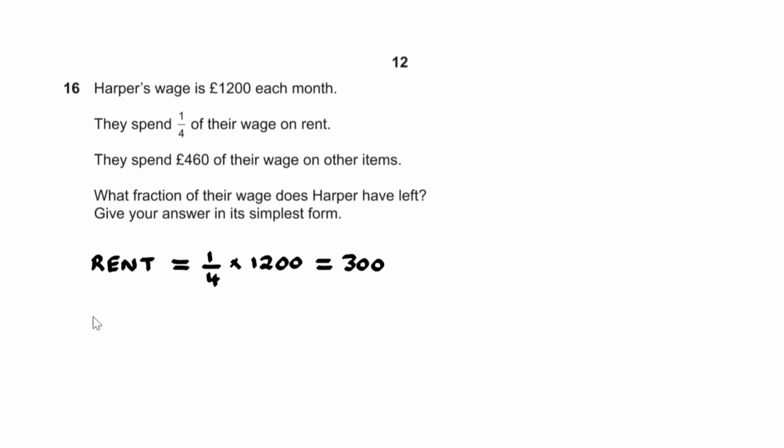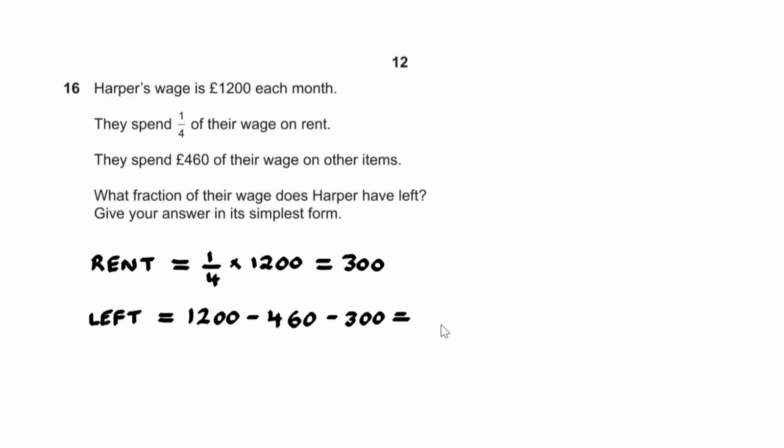So what we can do is find out how much money they have left over. The amount of money they would have left over will be the 1,200 subtract the 460, which is the amount they spend on other items, subtract 300, which is the amount they spend on rent.